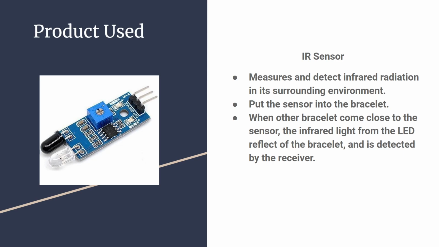The IR sensor is to measure and detect infrared radiation in its surrounding environment. We plan to put the sensor into the bracelet, so it will detect the other bracelet nearby. When the other bracelet comes close, the infrared light from the LED will reflect, and it can also give a vibration.